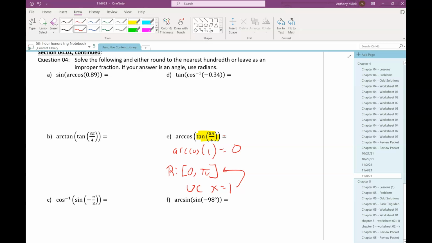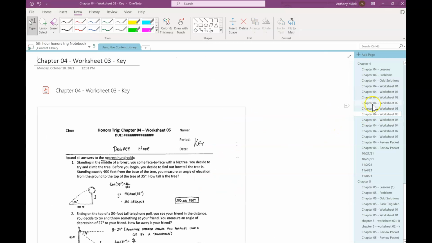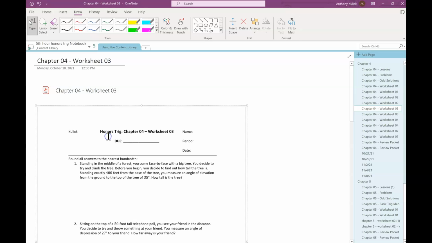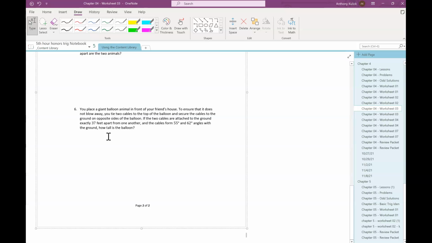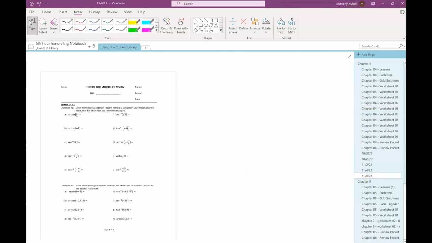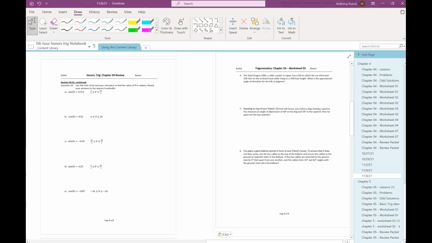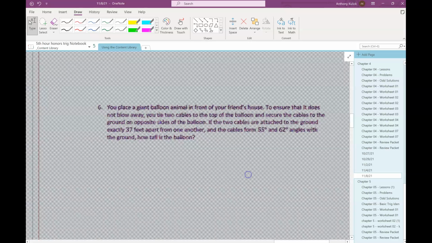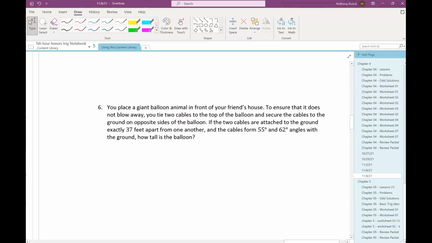Grace, 6 from worksheet 3. Okay, you place a giant balloon animal in the front of your friend's house.